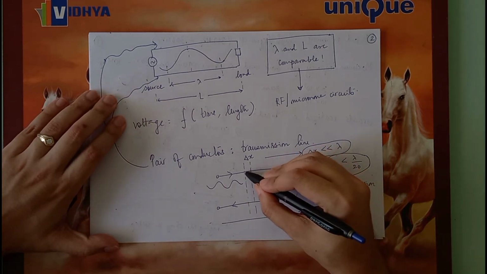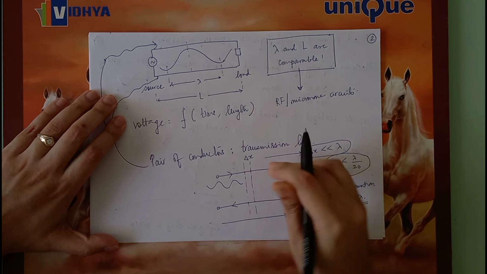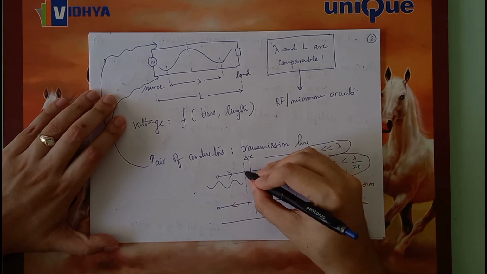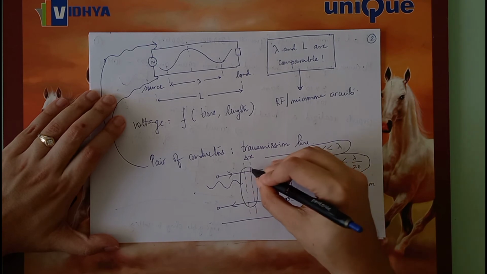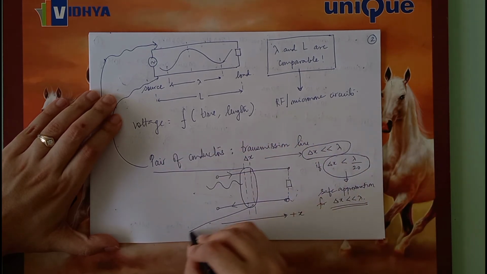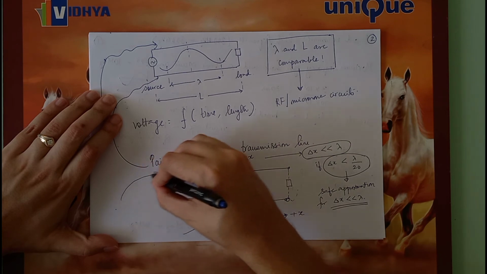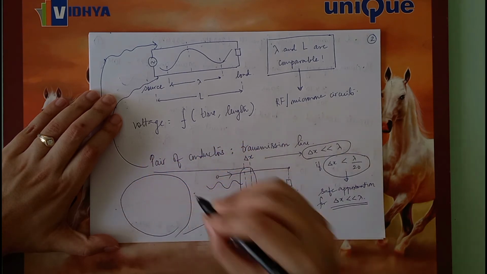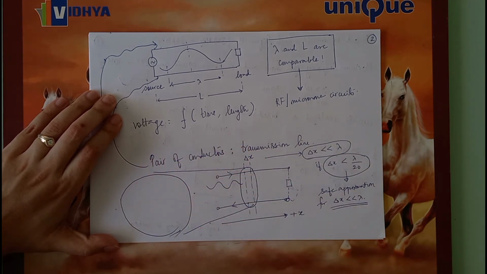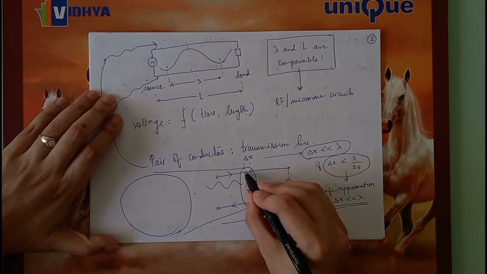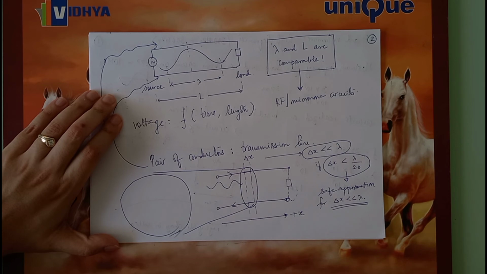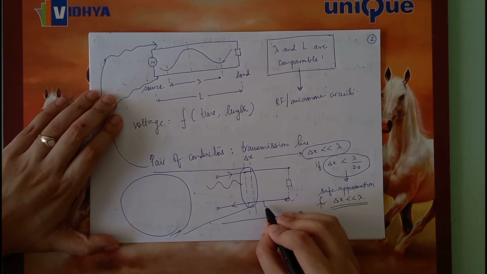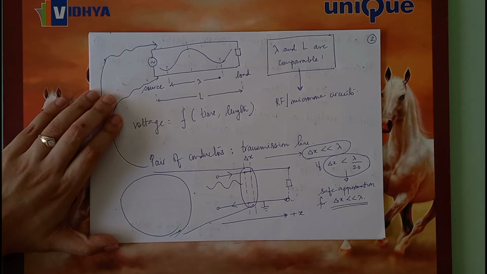Well, if I take a magnifying glass and observe only what is inside this delta x section, I am now going to magnify this and observe what is inside. First thing, there are two wires. Just for the sake of simplicity, let us assume that the second wire is a ground.